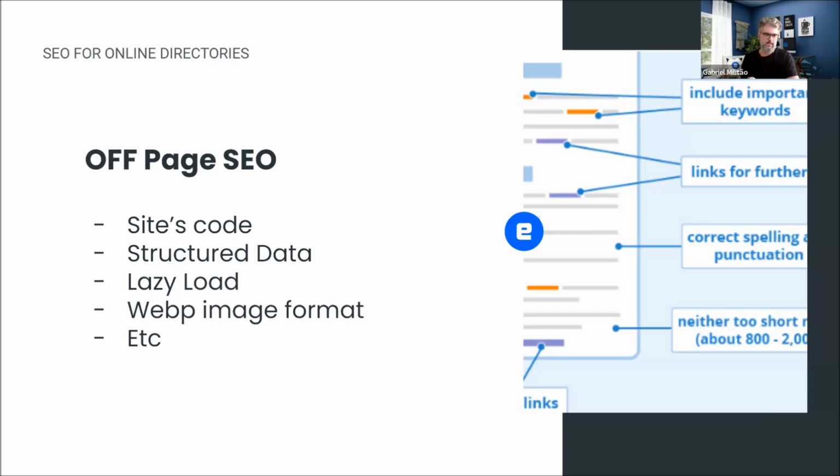That takes a big part in ranking nowadays, so that's considered by Google, for example. We're going to take a look at some of these SEO off-page techniques that we use in eDirectory: the website coding, structured data, the lazy load integration, WebP image format, and etc.